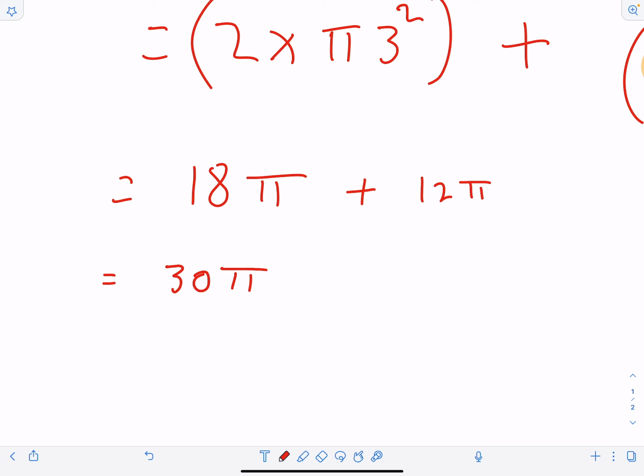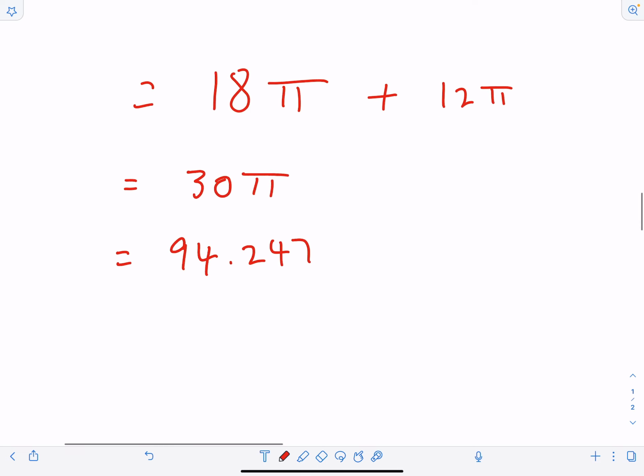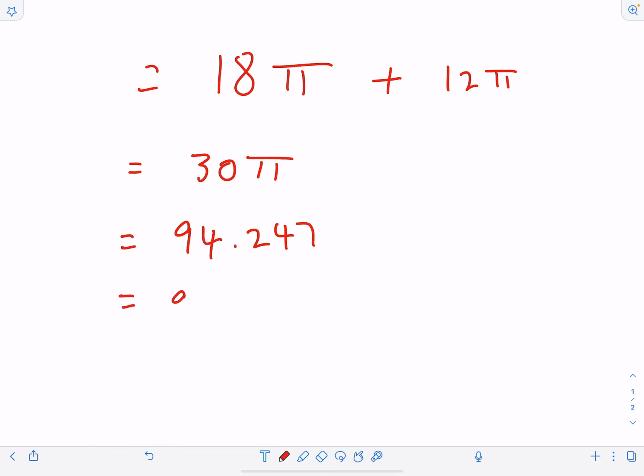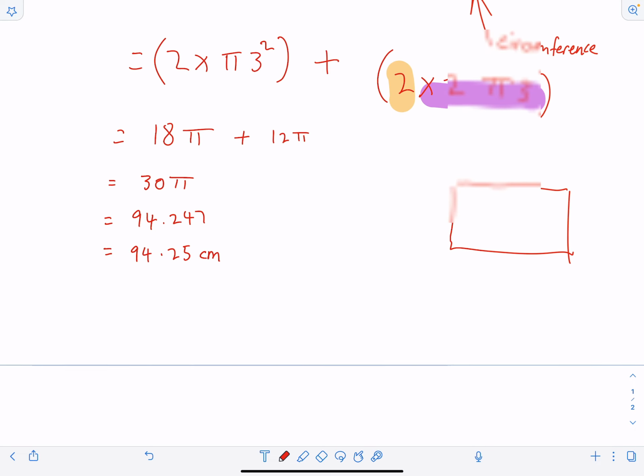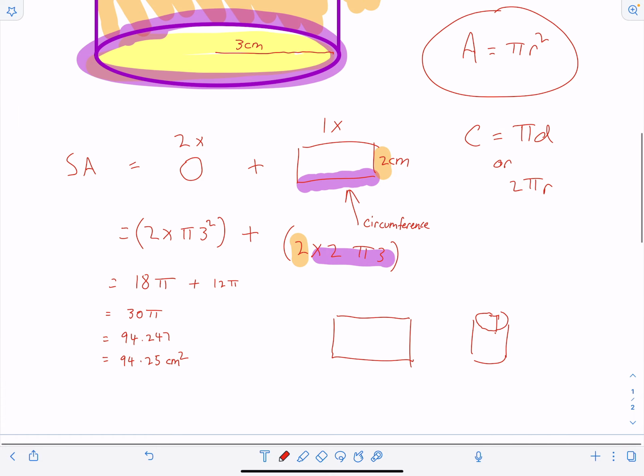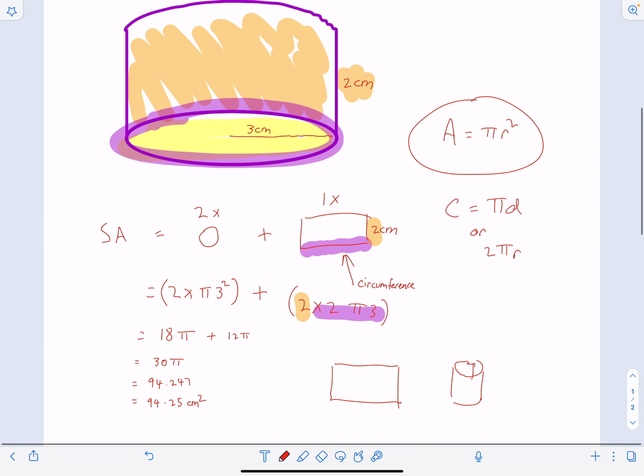That equals 94.247, which when we round that to 2 decimal places will be 94.25 centimeters squared. So in this video we have calculated the surface area of a prism. Thanks for watching.